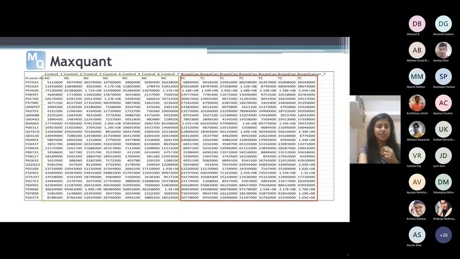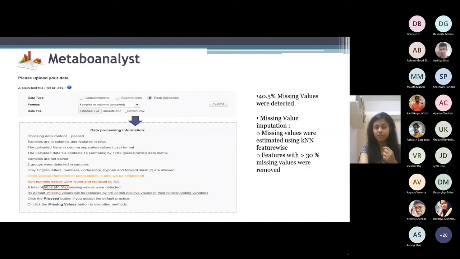Each of these clusters had 7 different samples, which means that NC had samples obtained from 7 healthy individuals, while TC had samples obtained from 7 different breast cancer patients. This was the input fed to MetaboAnalyst for statistical analysis.